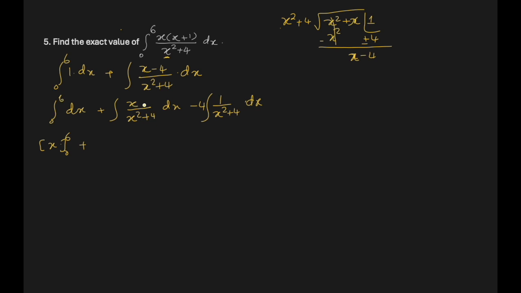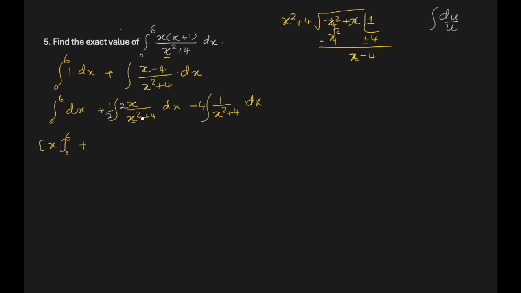Okay, so plus, if I somehow write 2 here and half here. This 2x is the differentiation of x square plus 4, right? Differentiation of x square is 2x and differentiation of 4 is 0, so 2x. So it becomes du over u format.